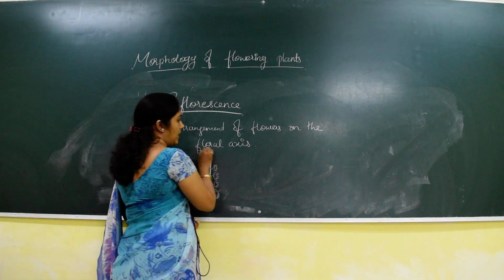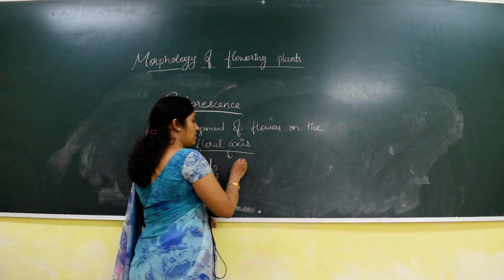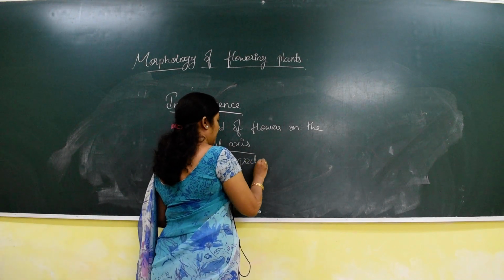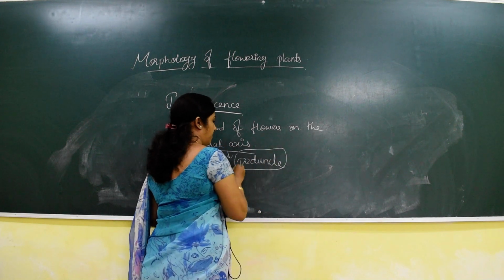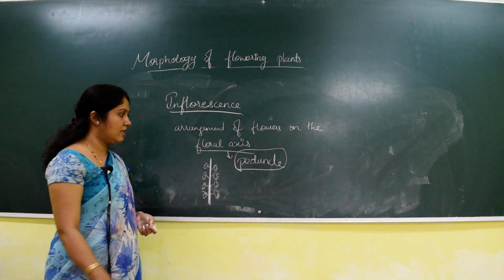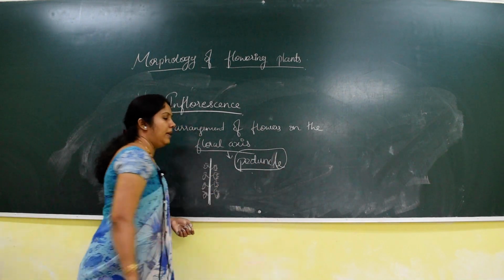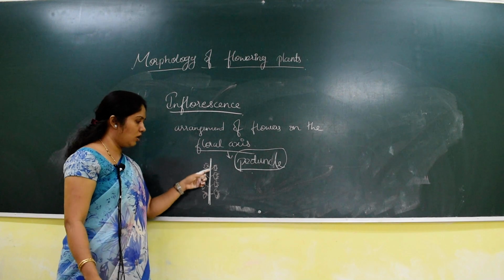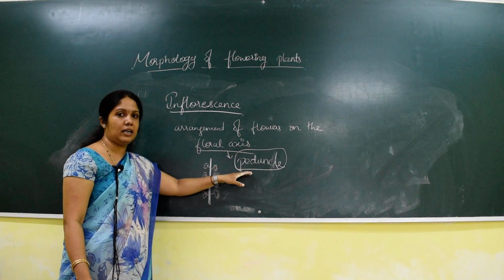Now this floral axis of the inflorescence is called the peduncle. What is peduncle? The floral axis of the inflorescence is called the peduncle.